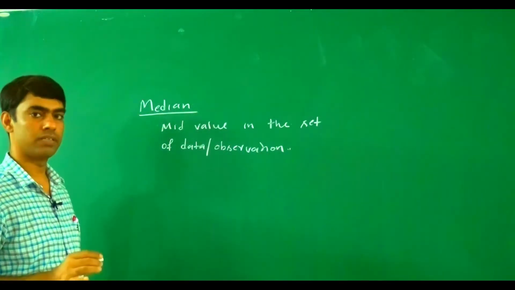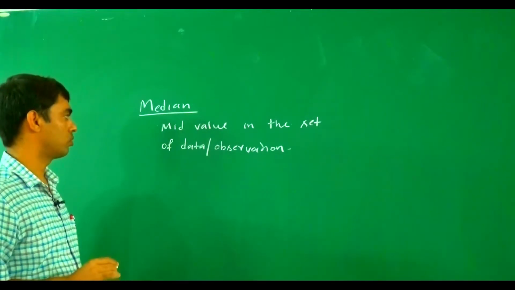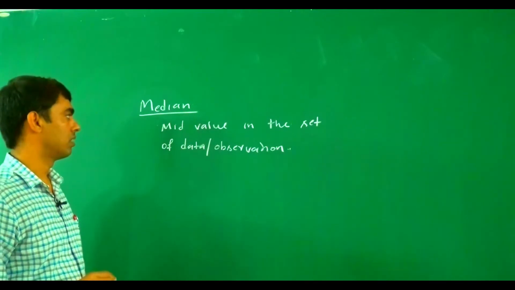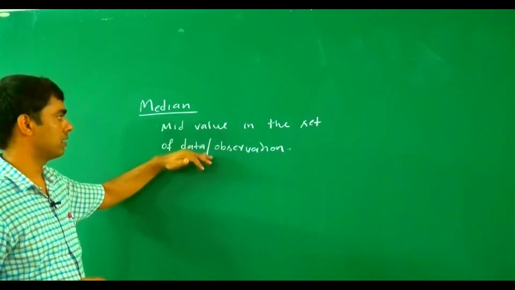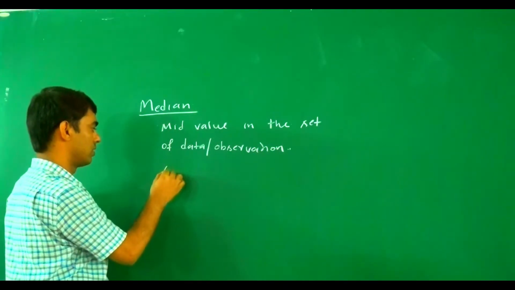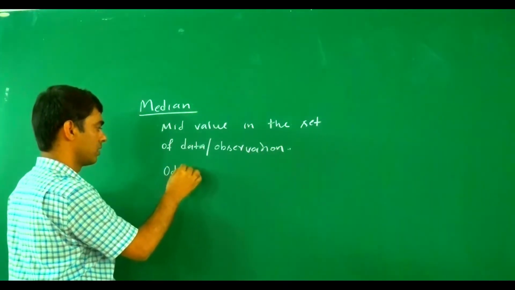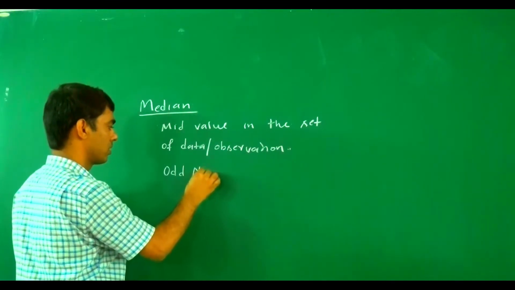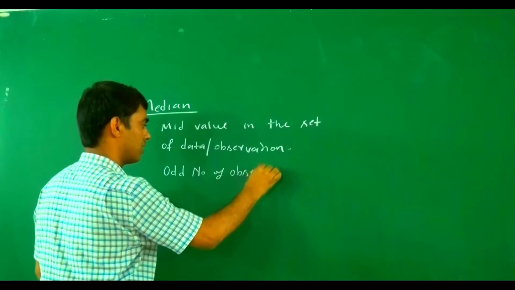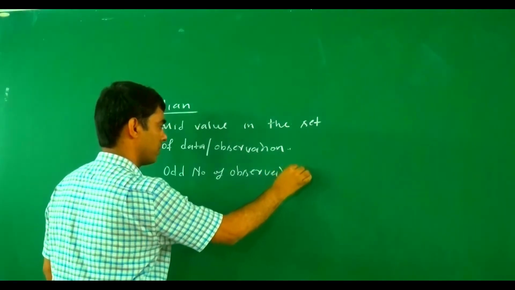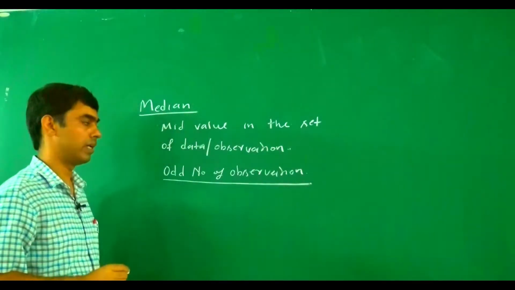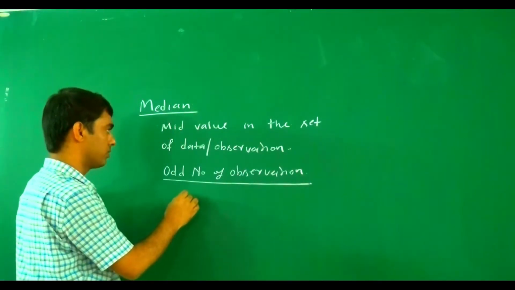There are two possibilities for the mid value in the set of data or observations: the number of observations is either even or odd. If it is an odd number of observations, then what is the middle value?